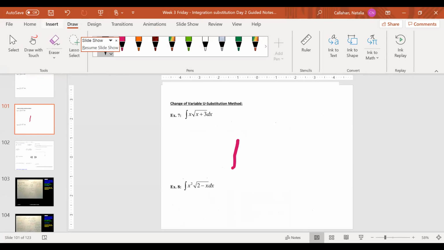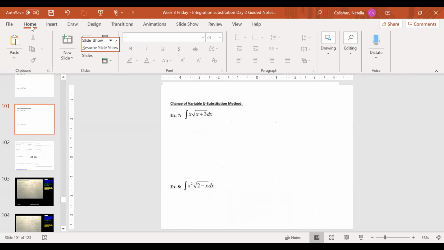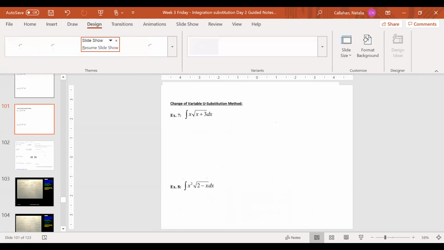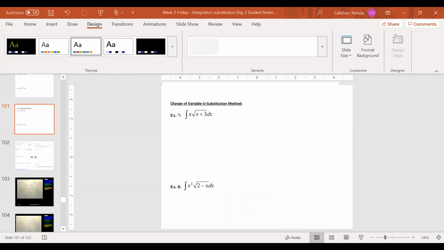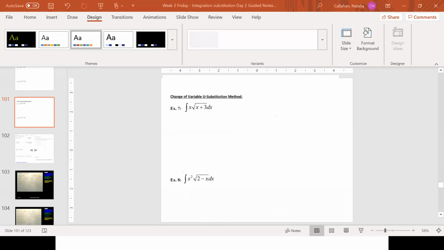Whoa, no, that's not what I want. Okay, for some reason it's just not letting me move this, which is semi-frustrating.